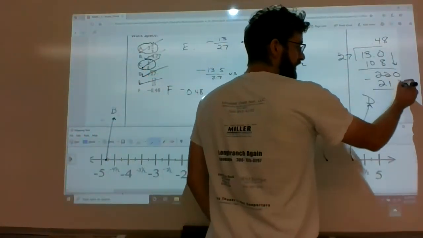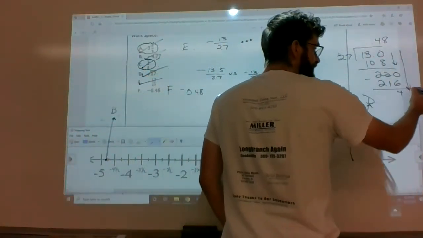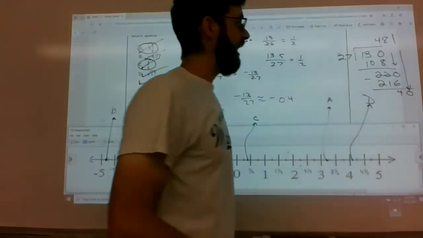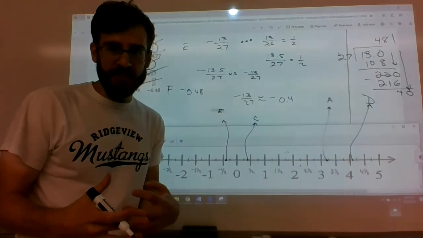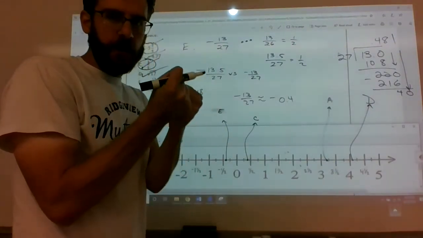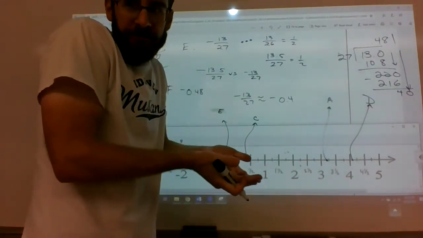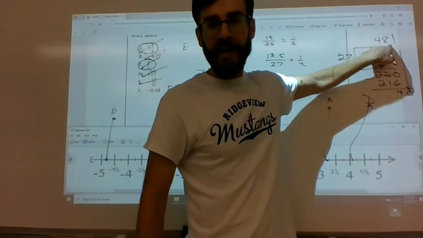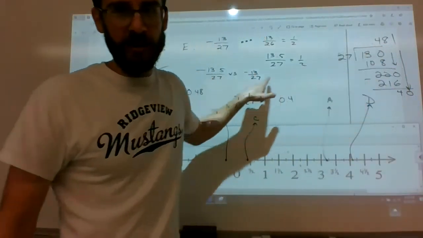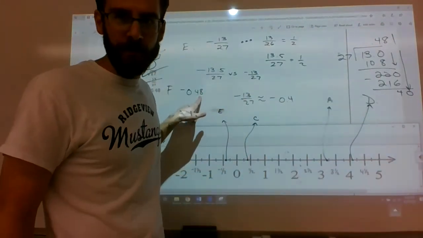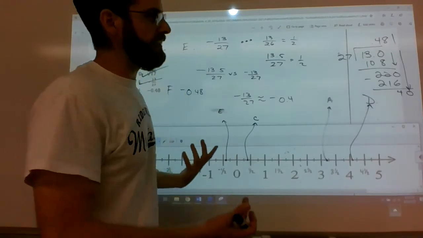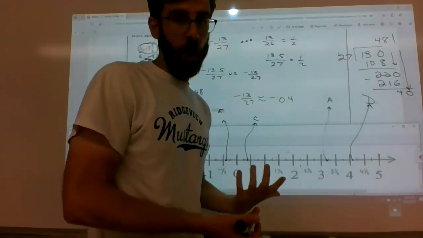The difference between these two is 4. Drop another 0. 40. 27 goes into 40 one more time. That extra digit of accuracy actually gives it a little bit more of an oomph, okay? It's kind of like if somebody said, I have $481 billion, and you're just like, well, I only have $480 billion. That's a difference of $1 billion. So we're talking about a difference instead here of 0.001.